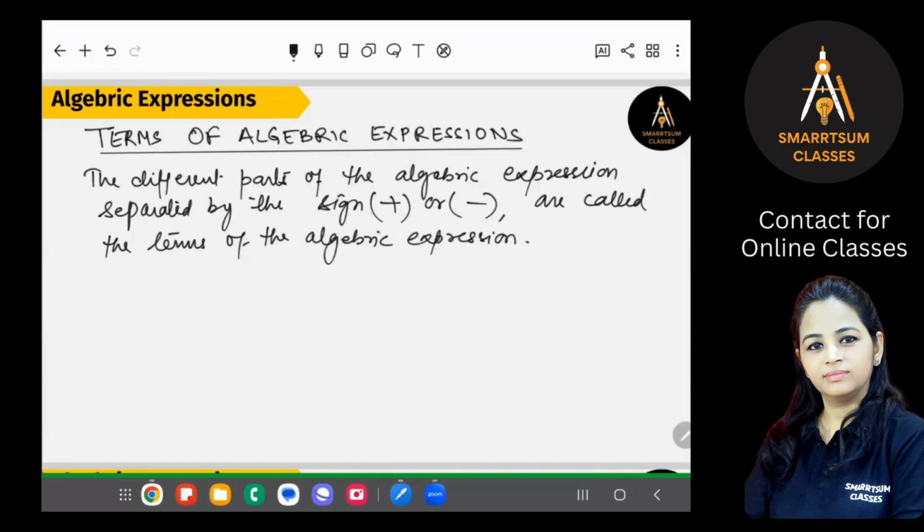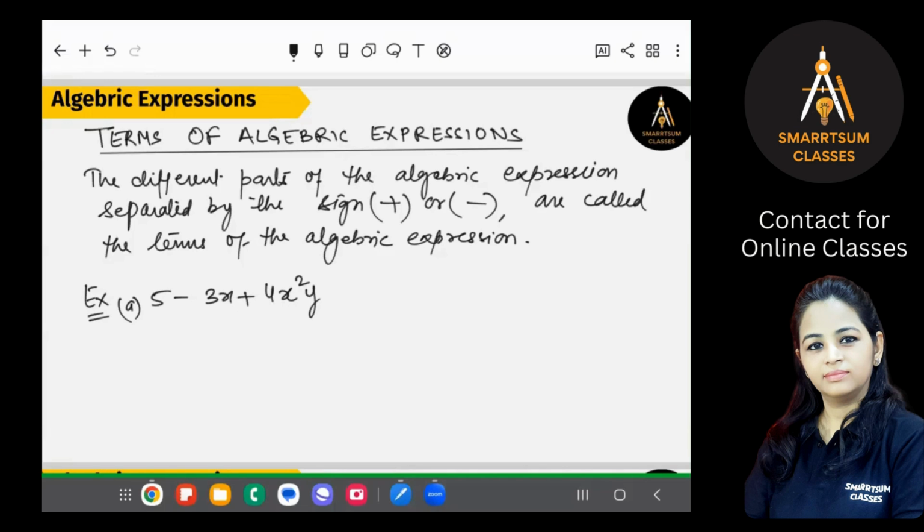What does it mean? As we know, algebraic expression means a combination of constant and variables with different mathematical operations, by multiplication, addition, subtraction, division. If we see the example, suppose 5 minus 3x plus 4x square y. This is an algebraic expression because here we have constant and variables connected by mathematical operations. But how will we find out the different terms?